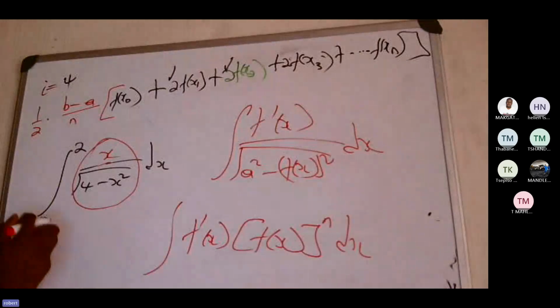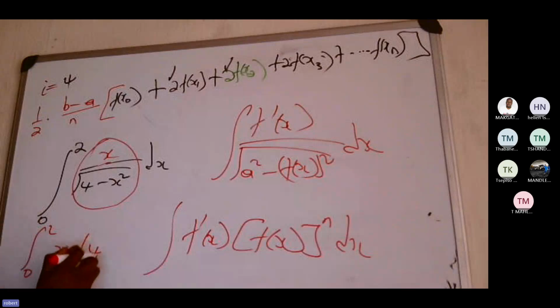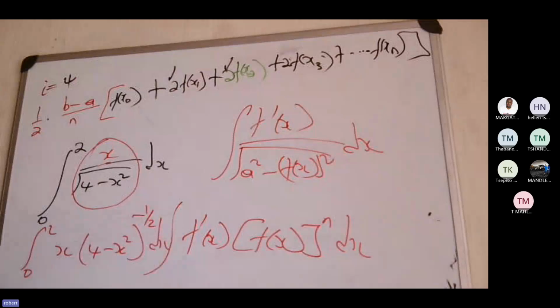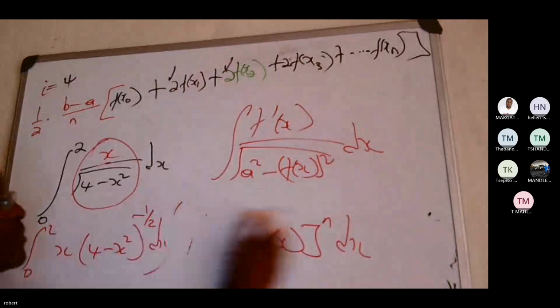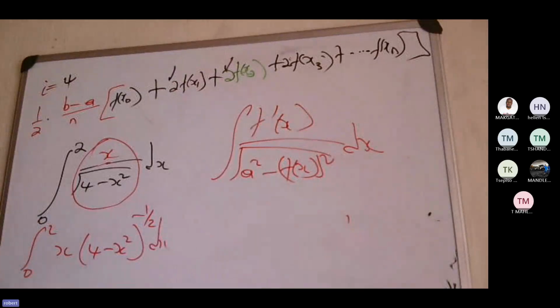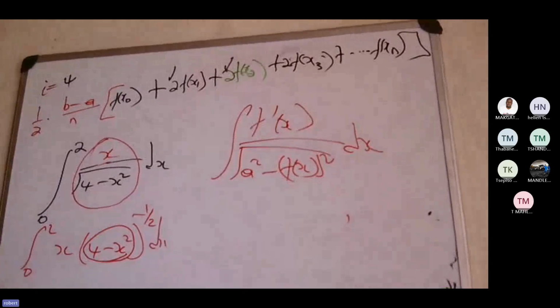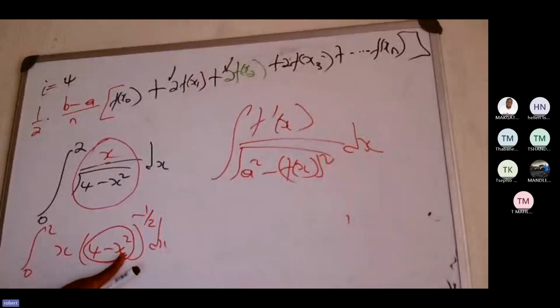It will now be what here? From 0 to 2, x in brackets 4 minus x squared, exponent this, dx. Where your function is everything inside, and the derivative of this is minus 2x.